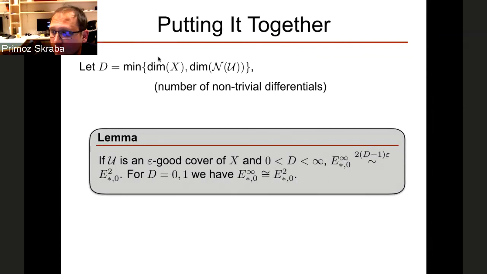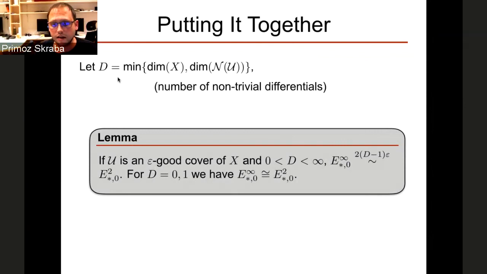And the interesting thing here is that D is the minimum of the dimension of the space and the nerve. So even if one of these is infinite dimensional, the result still holds because the spectral sequence will eventually collapse. So really, any way that you can bound the number of non-trivial differentials will give you a valid bound for this D, because it's just the number of steps I need to do.